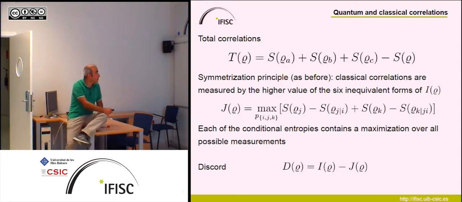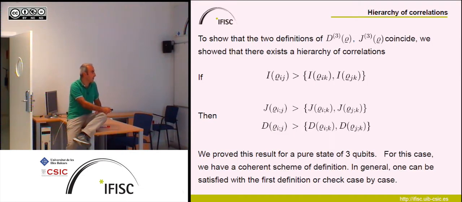Here we have measurement, so this object should be optimized with respect to the measurement, here to i, here to j and i. And if we maximize with respect to the indices and with respect to the measurement, we find the total classical correlation of the system. And the discord, the quantum correlation, will be just the difference between the total correlation and the classical part.